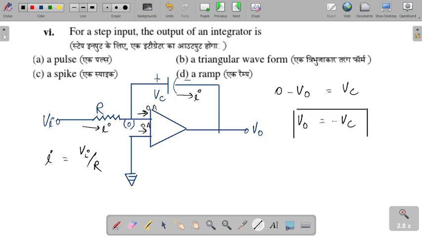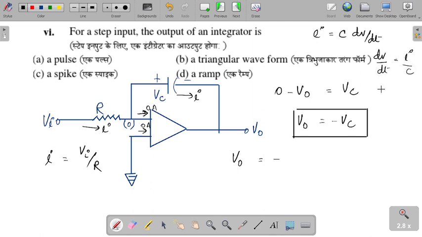Okay, and we know in case of capacitor, current is C dV by dt. So dV by dt can be written as I by C. So dV can be written as I by C into dt.